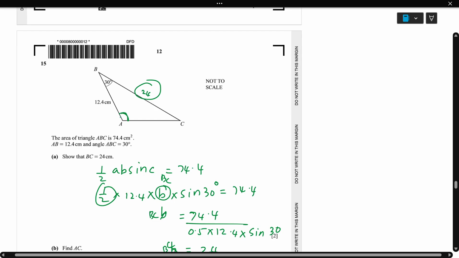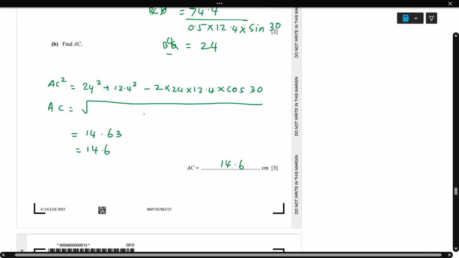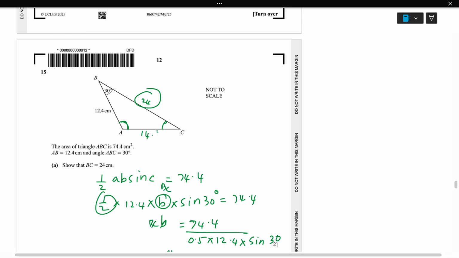We have to find this angle, so we can use the sine rule, because now we know AC is 14.6.